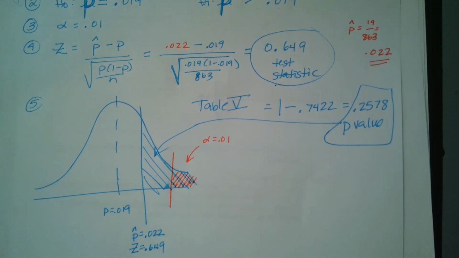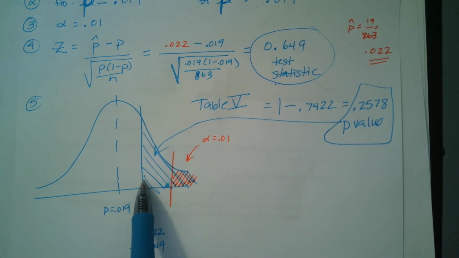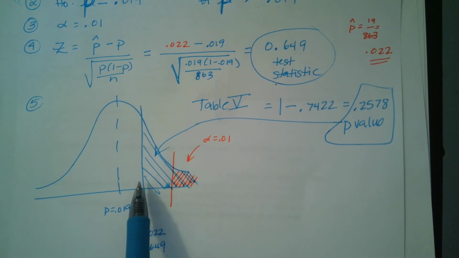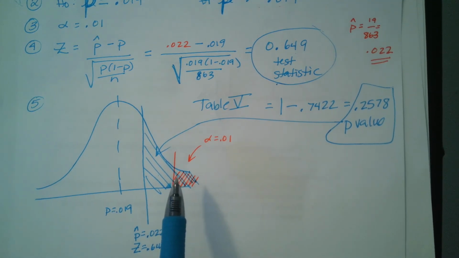So you're going to see that our sample in blue is not unique. If it were unique, it would be farther away from the average and it would be over here in the reject zone. Since this sample is not in the reject zone, it is not far enough away, so we're going to end up not rejecting the null hypothesis.